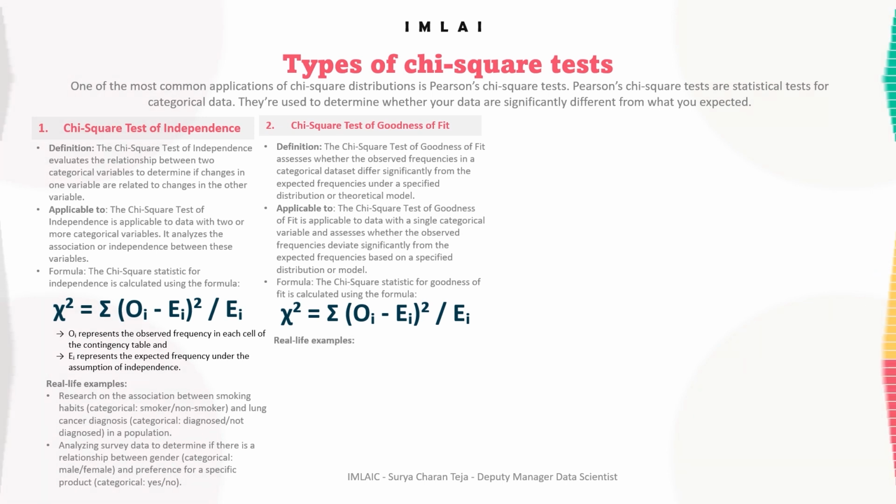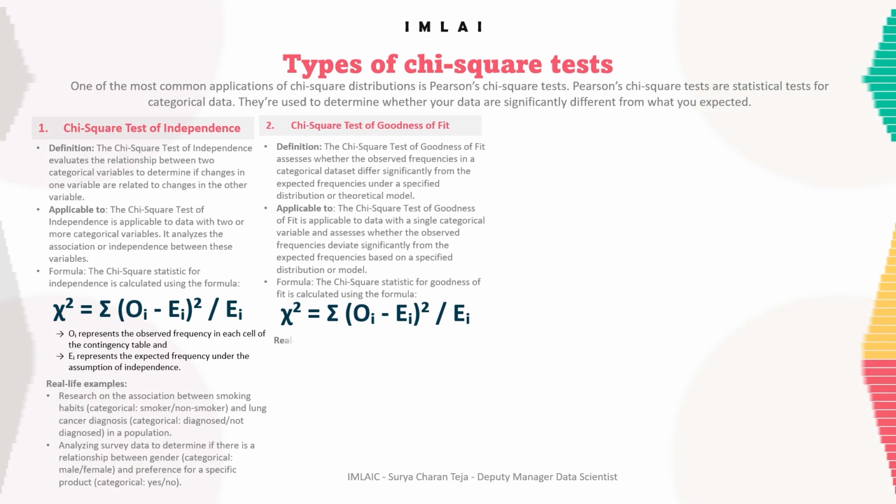And we have real life examples where the chi-square test of goodness of fit can be used. The first one, testing whether the observed distribution of blood types A, B, and so on, which is obviously a multinomial variable, in a population follows the expected distribution based on the Hardy-Weinberg equilibrium.